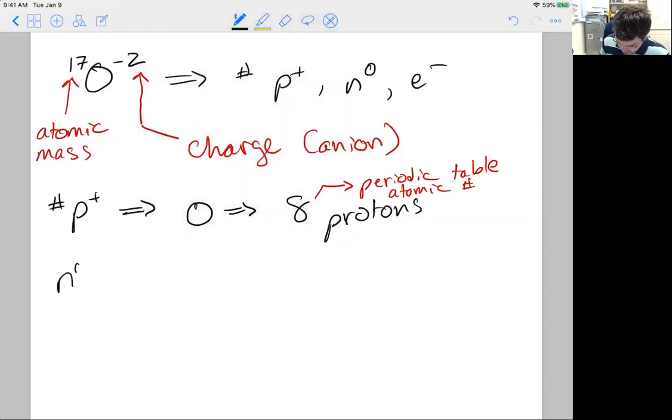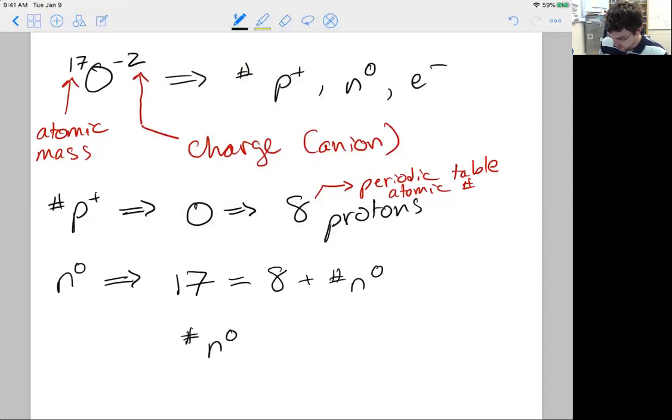Now the number of neutrons: 17, which is the atomic mass, equals 8 plus the number of neutrons. If we solve this, the number of neutrons in this case is equal to 9.